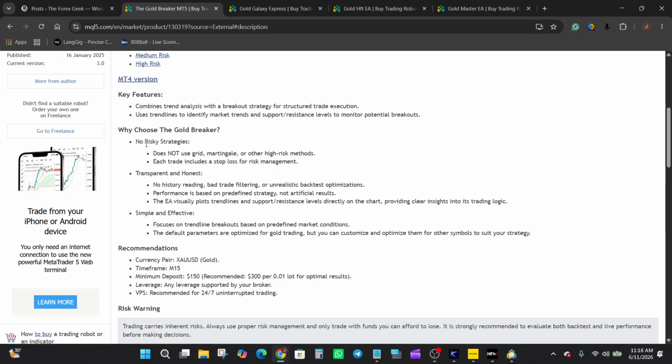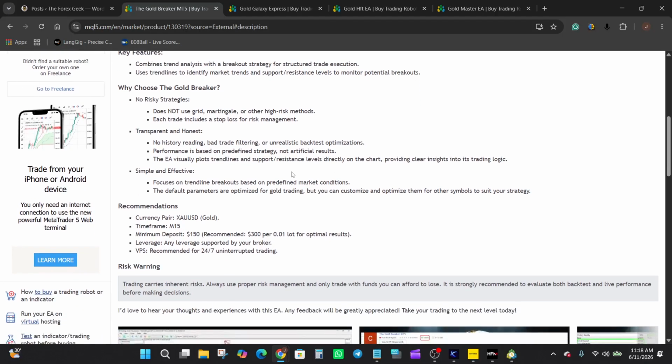In the description, we can also see that the EA does not use risky strategies like grid, martingale, or other high risk methods, and each trade includes a stop loss for risk management.